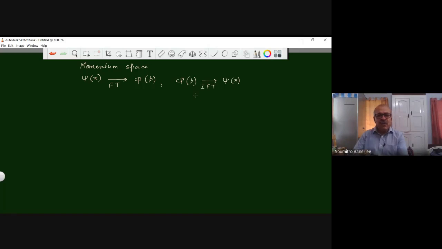So what I'm trying to drive at is that the whole formulation of quantum mechanics that you have learned in the position space can also be formulated in the momentum space.